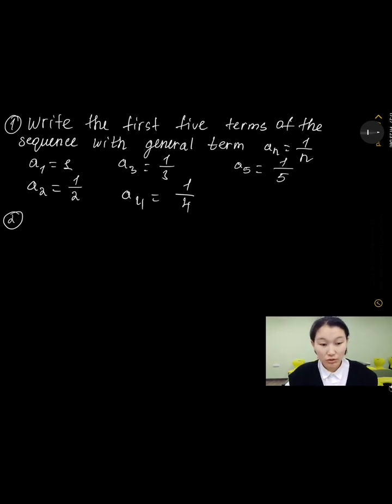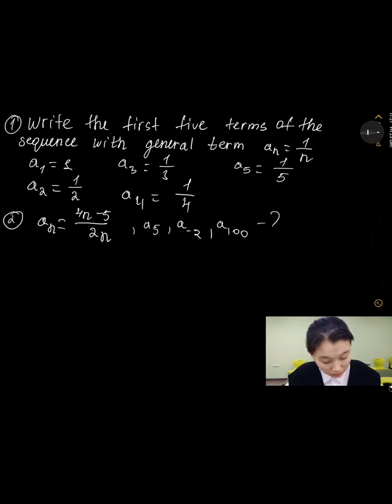Next example. Given the sequence with general term an equals (4n minus 5) over 2n, find a5, a-2, and a100. We just have to evaluate the formula for an, choosing 5, minus 2, and 100 in place of n.